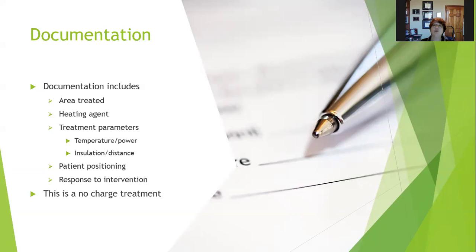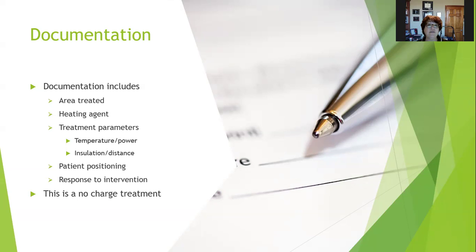For documentation, we are going to include the area treated, what heating agent we used, and the parameters: temperature, power, insulation, distance, any parameters involved, including the temperature of the hydrocollator when you took the pack out, and patient positioning. Were they supine with the pack under them? Were they prone with the pack on top of them? However you're going to do that. And their response to the intervention. And it's a no charge treatment.